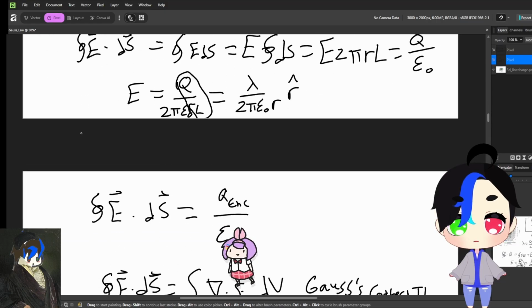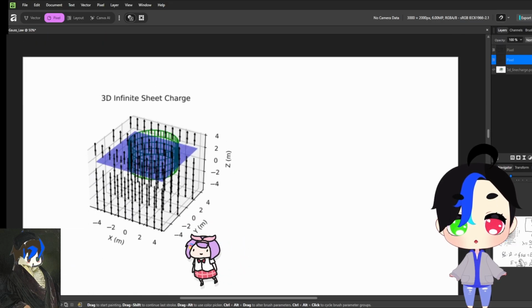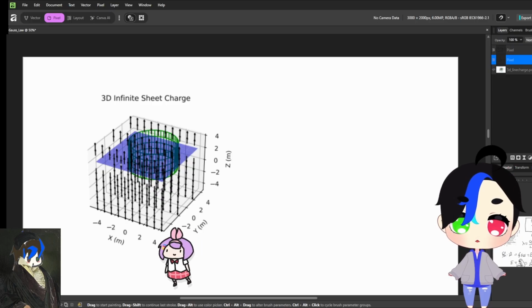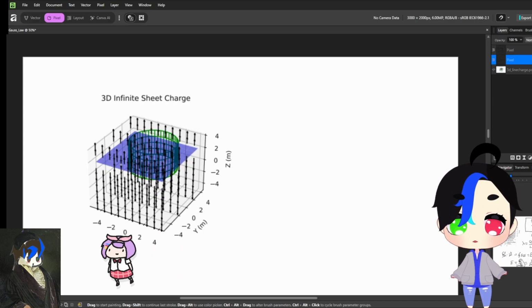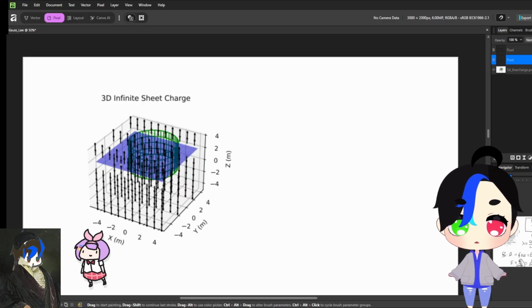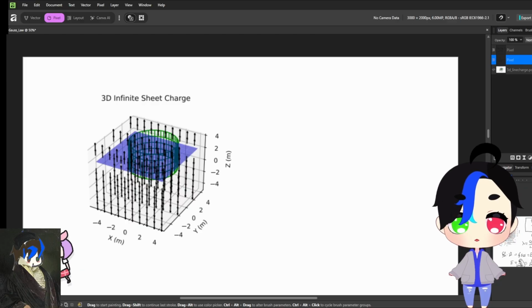And so, as a final example, let's consider an infinitely large sheet of charge. Now, obviously, an infinite sheet of charge is going to have infinite charge and doesn't exist.